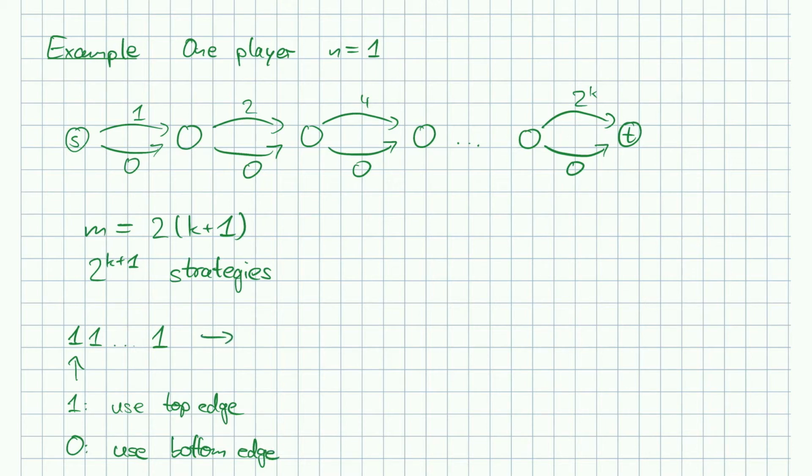And now what we can do is we can just only switch in the first component. And then, as I was saying, we can switch back to the top edge in the first pair in the first component, while we still switch to the bottom edge in the second component. Then we again switch in the first component.